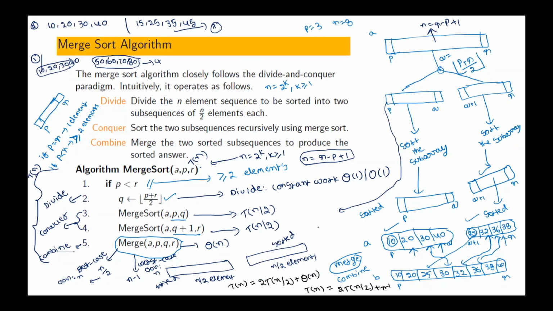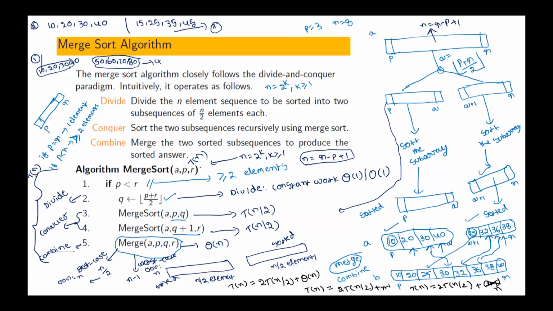Some people even write it as 2 times T(n/2) plus n. However they write, are all the same or not? One is n, one is n minus 1.